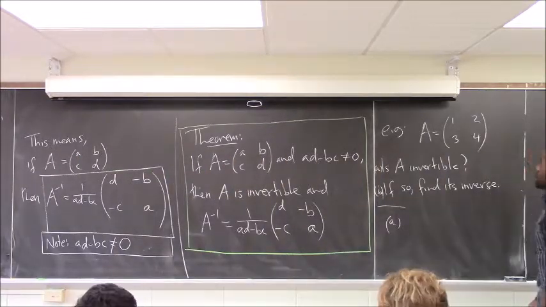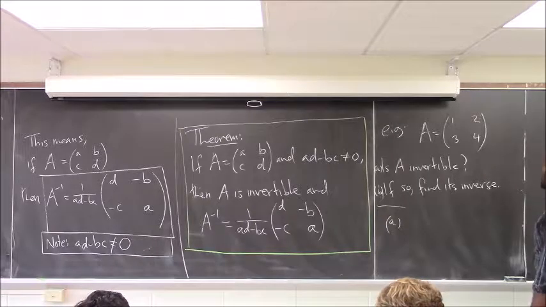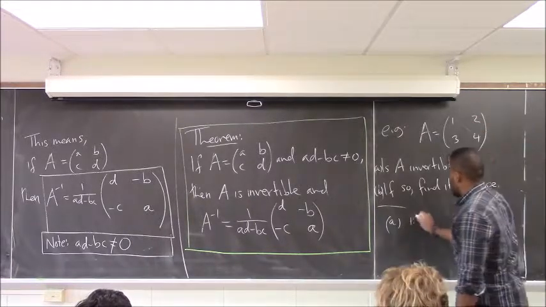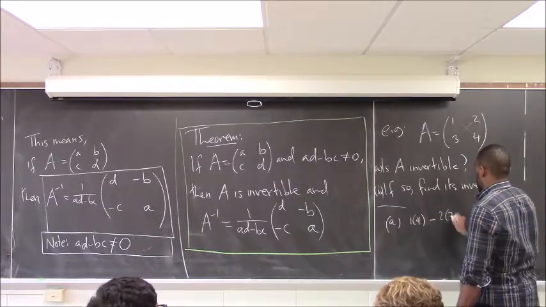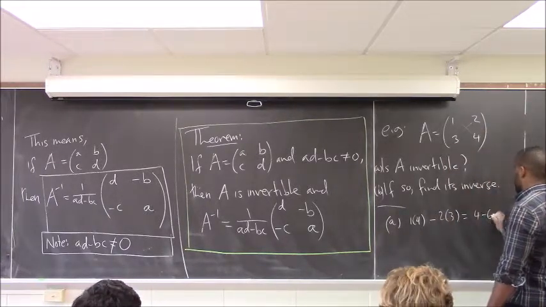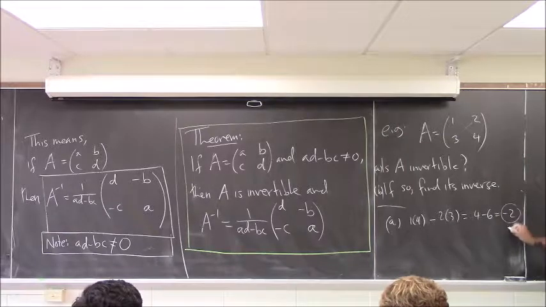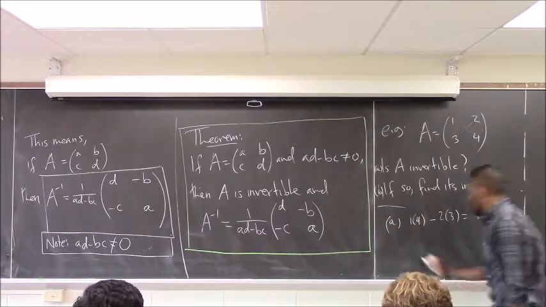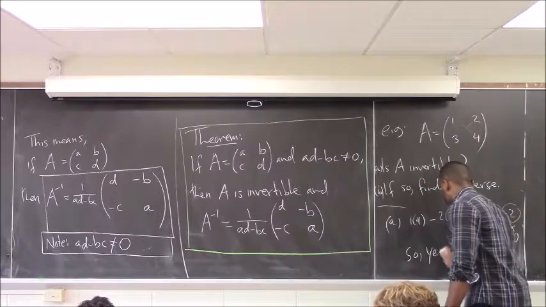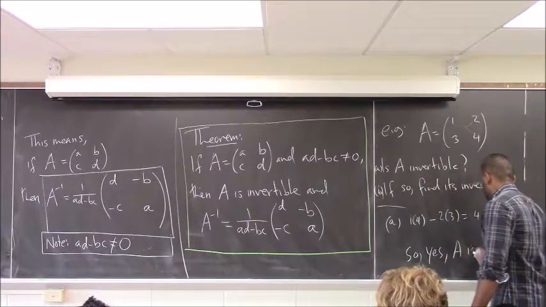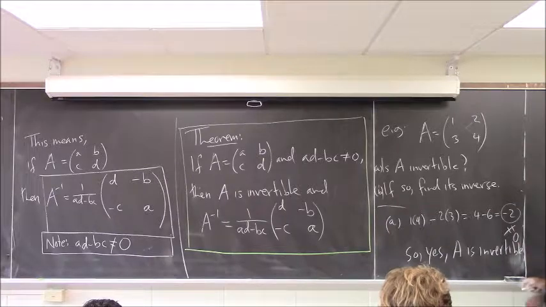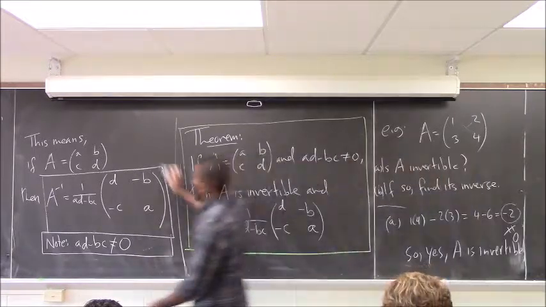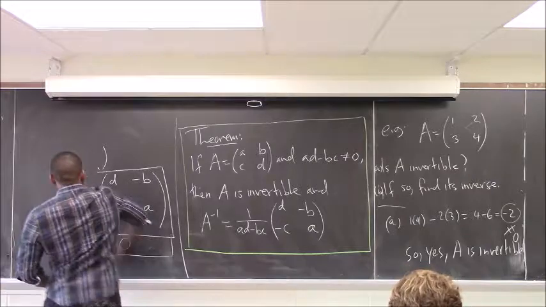Okay. Is A invertible? Yeah. Look at this times this, 1 times 4, minus that times that, 2 times 3. You'll get 4 minus 6, this gives you minus 2. This is not 0, so yes, A is invertible. Now, what is its inverse?